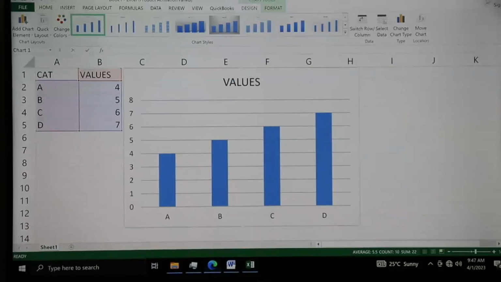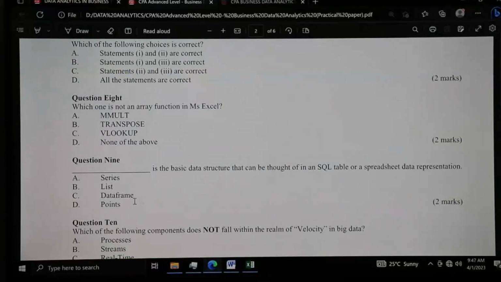And hence, we are told that a specific one of these is a basic data structure that can be thought of either in SQL or in a spreadsheet data representation. So there is nowhere in a spreadsheet you use a data frame or a list.